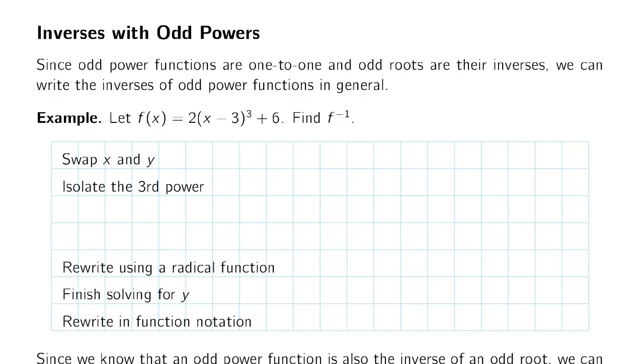So if we want to find the inverse of f of x equals 2 times (x minus 3) to the third plus 6, we start with that basic swap x and y move, where we say 2 times (y minus 3) to the third plus 6 equals x. Then we isolate this third power, so we'll subtract 6 on both sides.